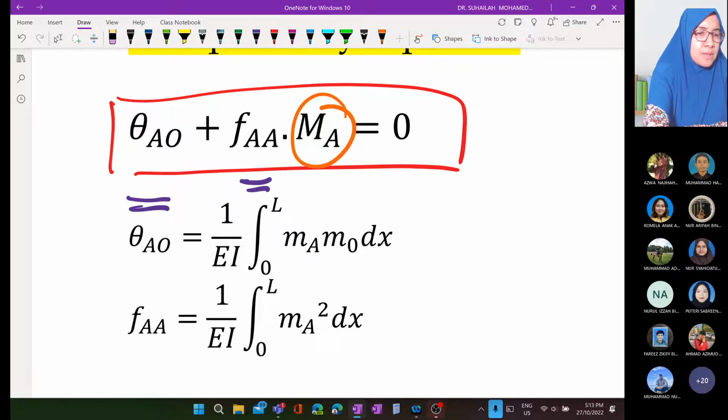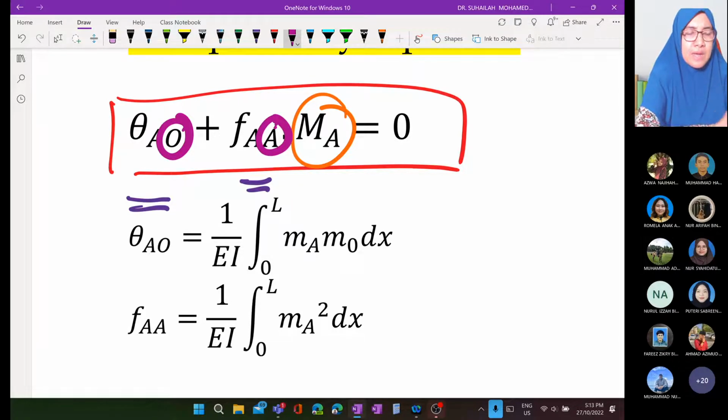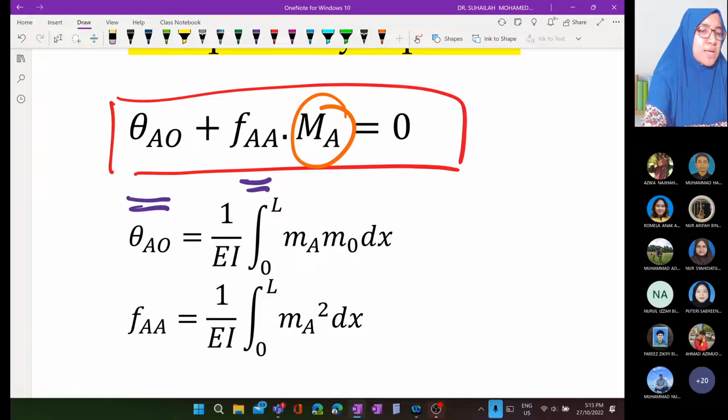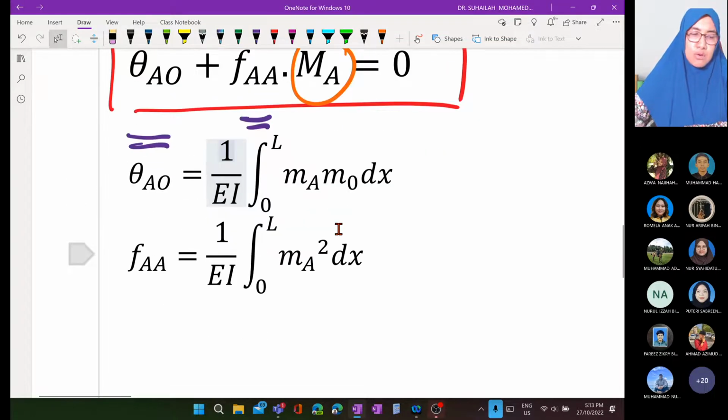Theta A naught is the displacement in the primary system. FAA is in the redundant system. So what is theta A naught? What is FAA? This is the formula we adopt from the unit load method.